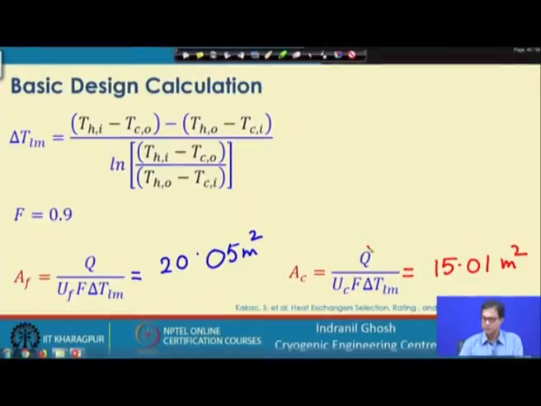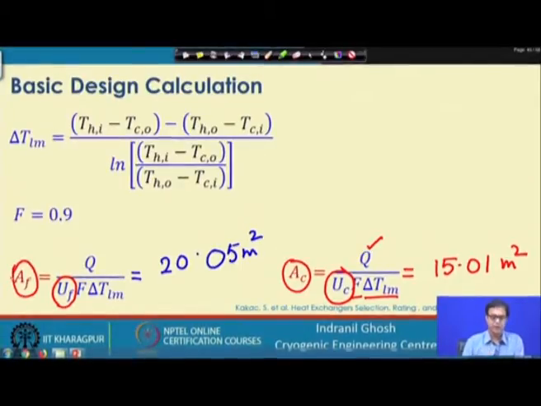So, the Q, delta T_LM and F remain the same, and the only thing changing is U_f and U_c, which is giving rise to different overall areas to be taken into consideration for the heat exchanger calculation.